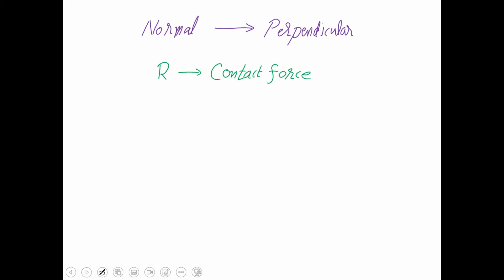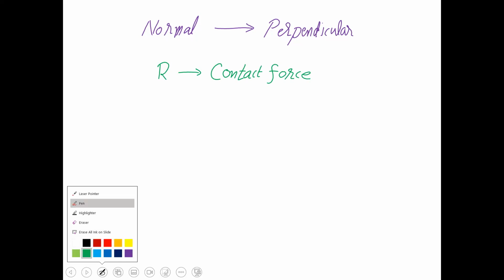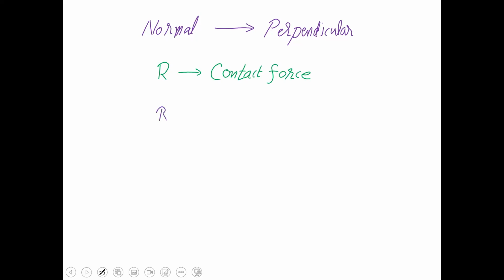Second important thing, that R is a contact force. It appears when there is a contact. Third important thing, R is perpendicular to the surface. R is perpendicular to the surface.